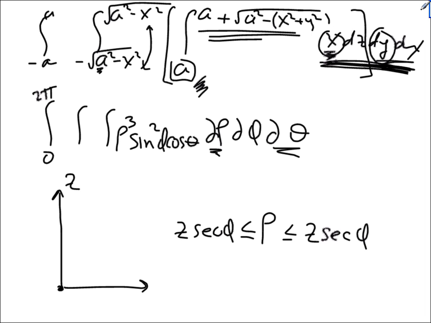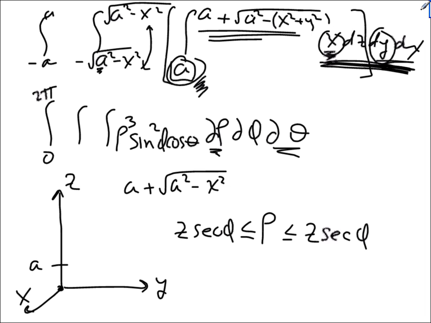Now that's y and that's x. Now z starts at A. Okay? Now, what happens after A? Well, it goes to A plus this square root of A squared minus x squared plus y squared.